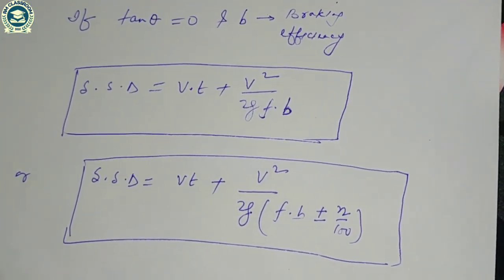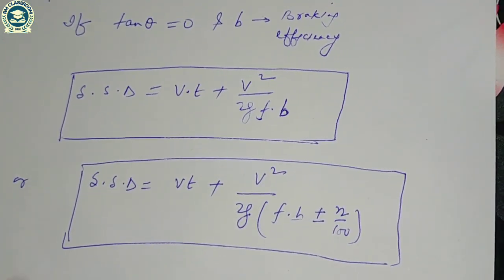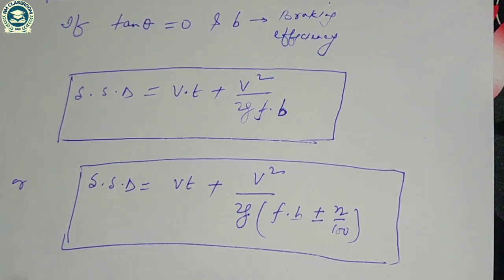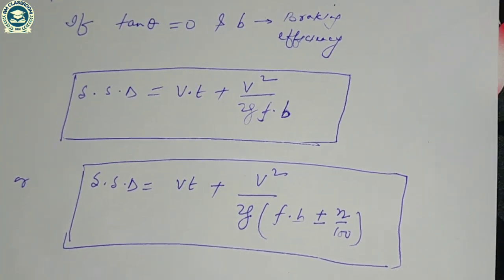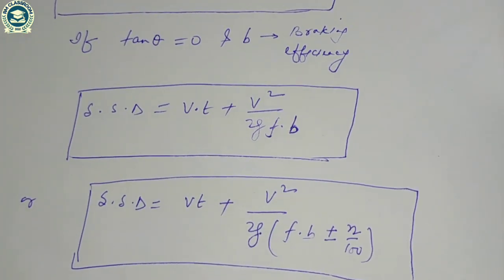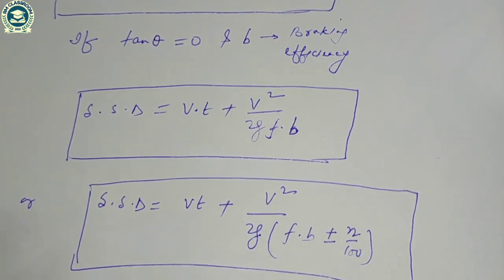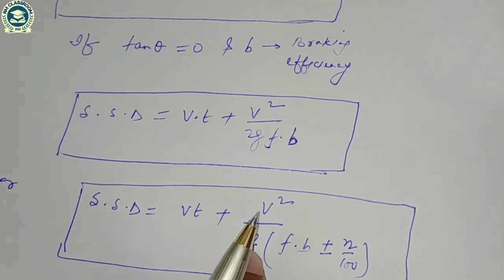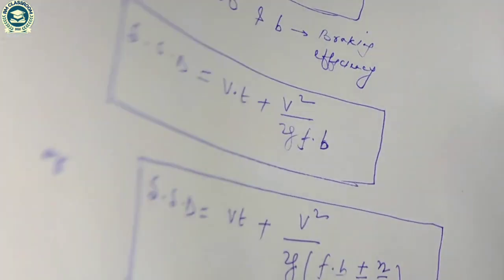So this will be the expression where n is the gradient, already discussed. If braking efficiency is 100%, then the expression will be the same as Vt plus V square by 2G F plus minus n by 100.